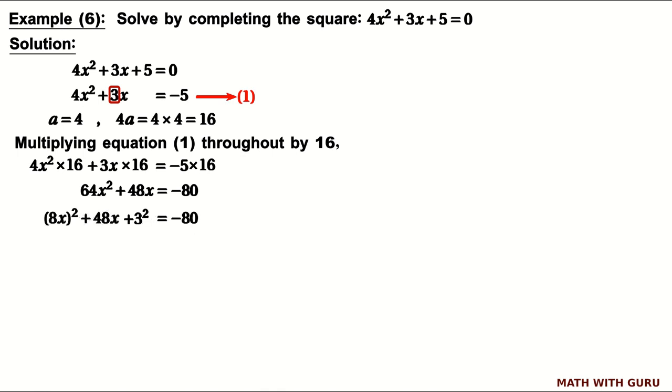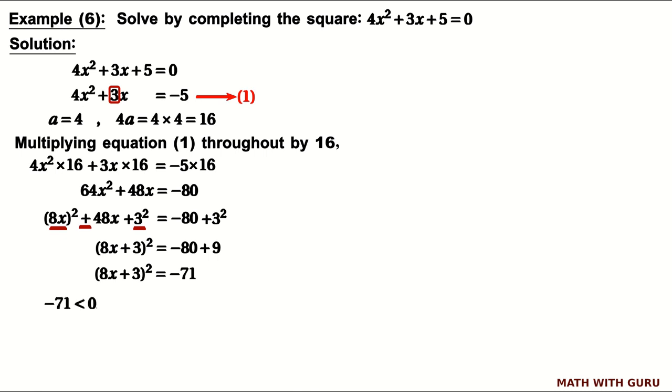Add 3 squared to both the sides. 8x, then 3. Here is positive sign. Therefore, this can be factorized as (8x plus 3) whole square equals minus 80 plus 9. (8x plus 3) whole square equals minus 71.